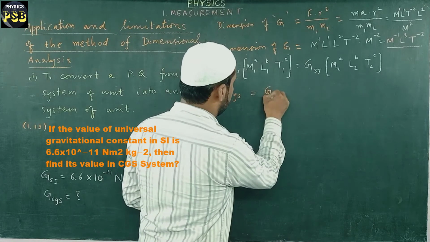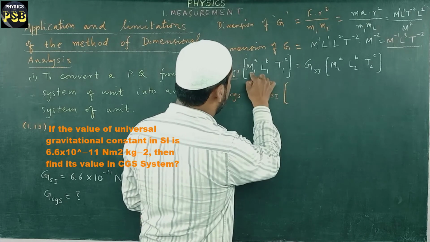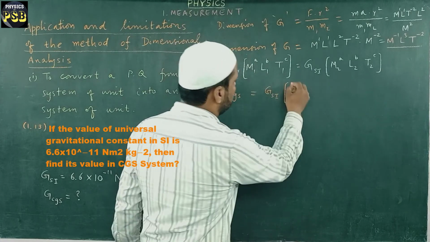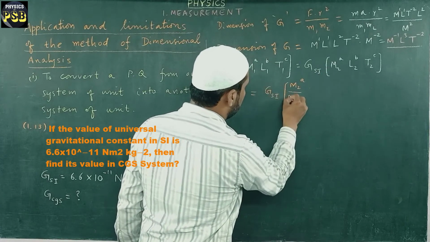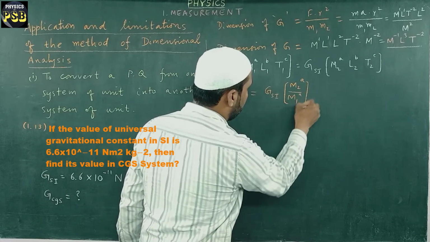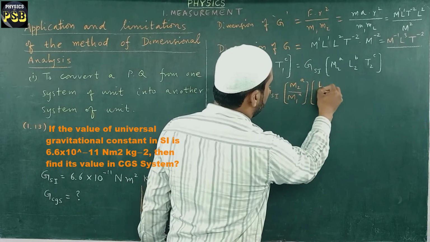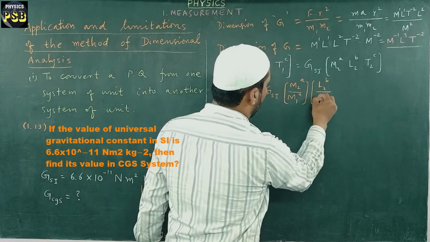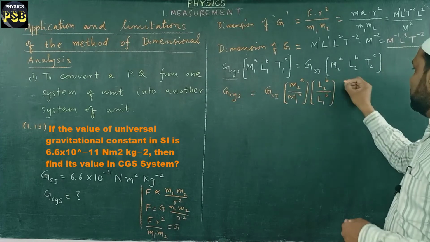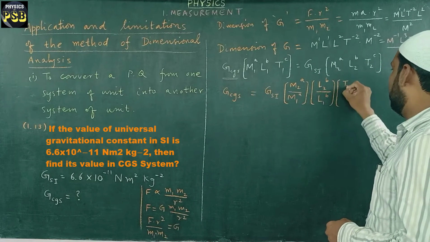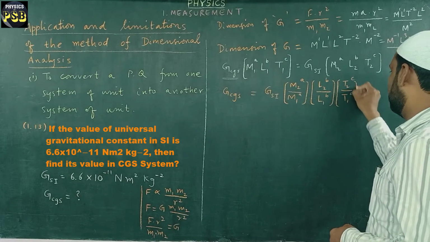G in CGS system equals G in SI system, then M1 is taken to that side: M2 power A divided by M1 power A, then L2 power B divided by L1 power B, then T2 power C divided by T1 power C.